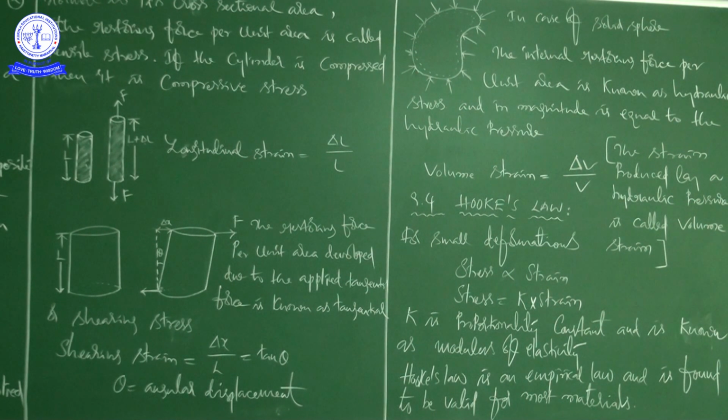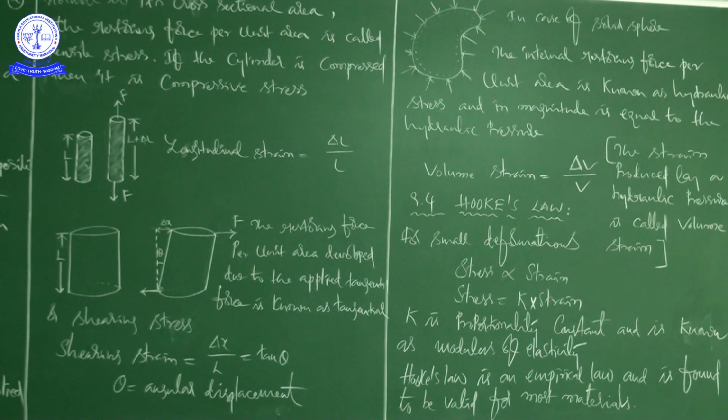Hooke's law is an empirical law and is found to be valid for most materials. However, there are some materials which do not exhibit this linear relationship, that is, stress directly proportional to strain.